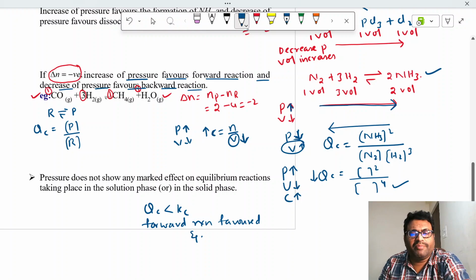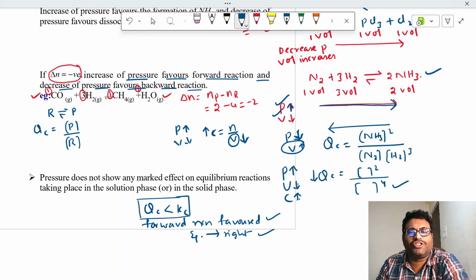That means equilibrium shifts to right. So pressure increases, volume decreases, concentration increases, Qc decreases. Qc less than Kc, when you obtain this condition, automatically we know that the forward reaction is favored. That means equilibrium shifts to the right direction.